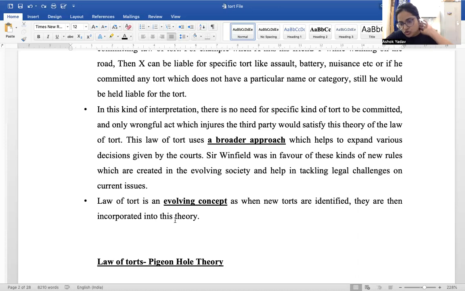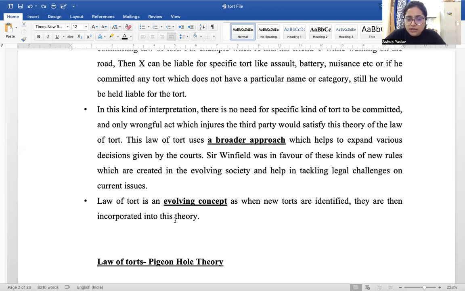So first of all, what you should know is that the theory of law of tort was given by Sir Winfield. When we say law of tort, it is a very broad approach. He says if any wrong is committed, it is not necessary that it has a specific name given to it or not.